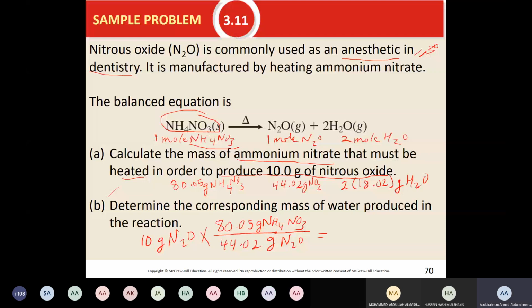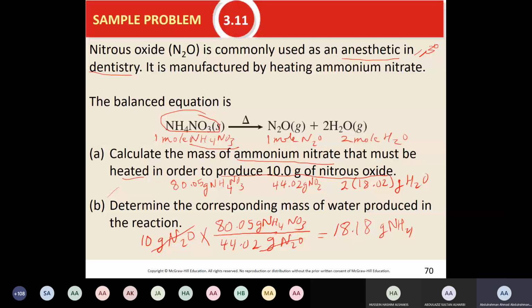What's the answer? 18.18. I need an answer. Help me, what is it? 18.18 exactly. 18.18 gram NH4NO3.